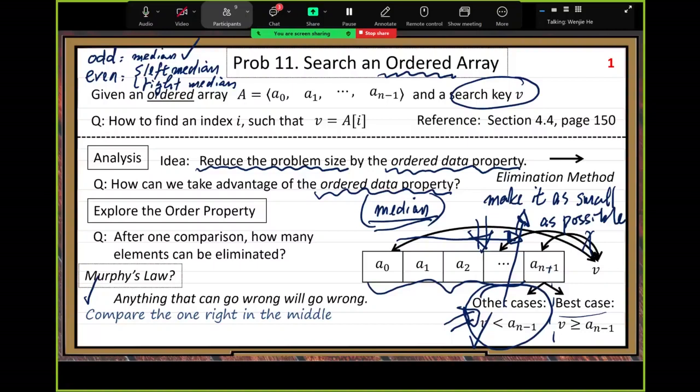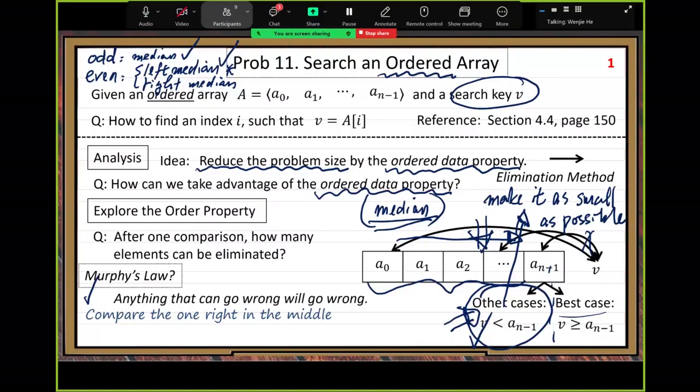So in that situation, we make the left median the default. If we do not specify which median, we mean the left median. Left median is the default median for the even case. Then we do not need to discuss different cases. We just say compare the given key to the median. That's simple.